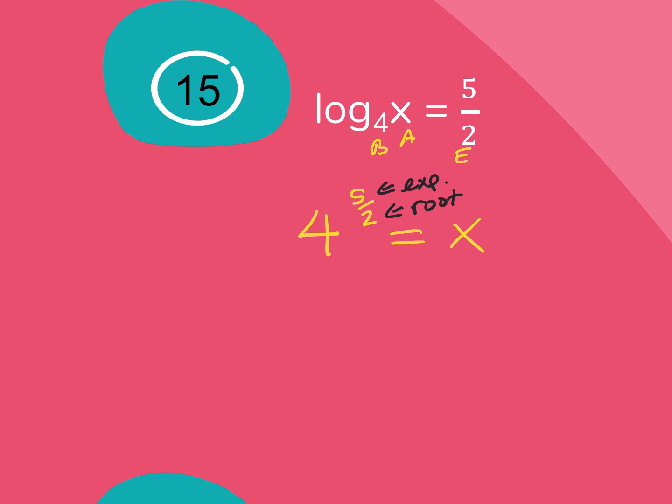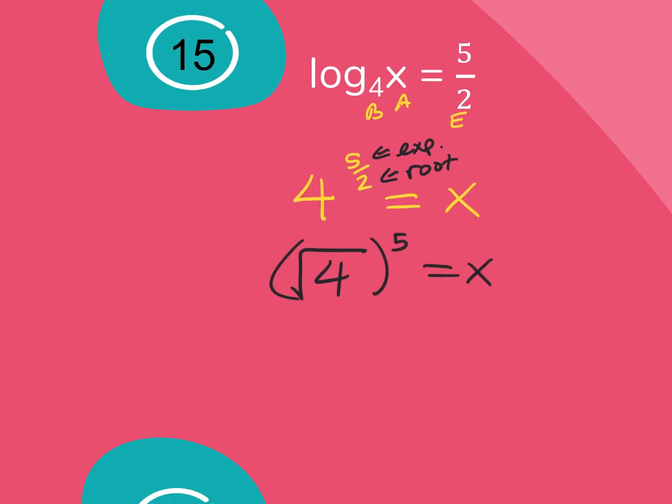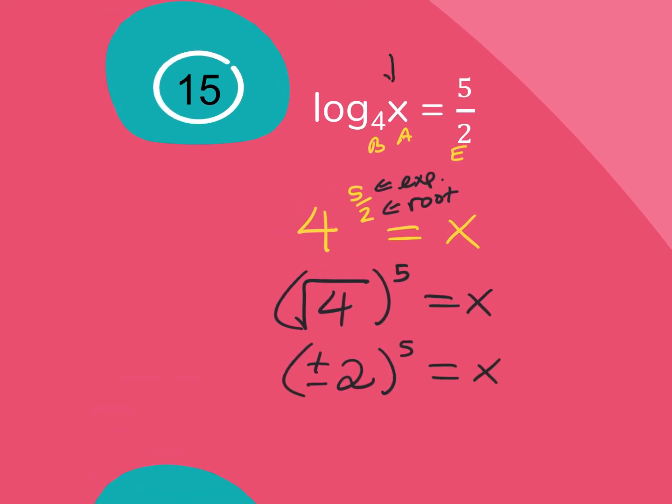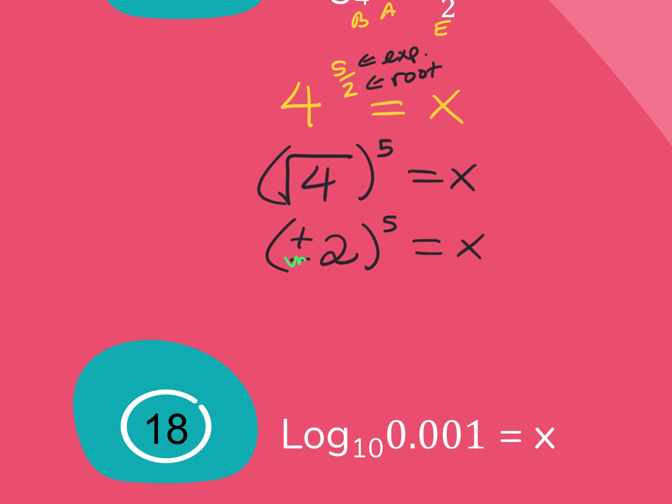So what we should be doing here is the square root of 4, raised to the 5th power. Normally we would get plus and minus 2, and then raised to the 5th power, but we don't want this number to be negative, so we're only going to keep the positive here. So then we're just doing 2 to the 5th power, and x equals 32.